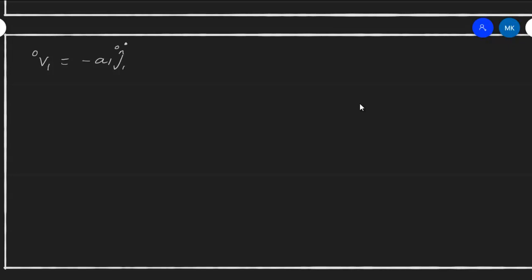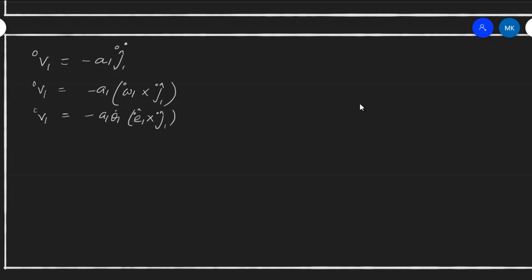Now this can be simplified as v1 of 0 is equal to minus a1 times omega 1 in phase frame cross j1 of 0. We can write j dot as omega cross j1, and this is equal to further minus a1 theta 1 dot, this will be e1 hat in 0 cross j1 hat in 0.